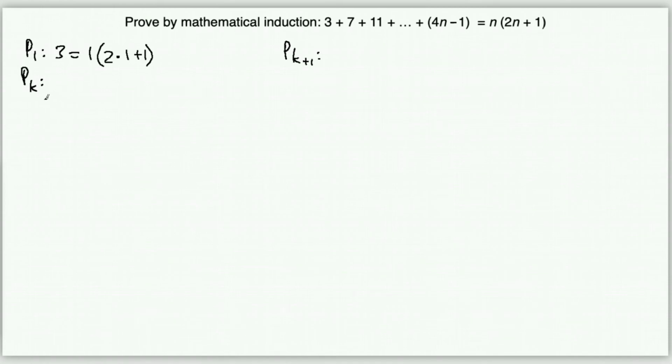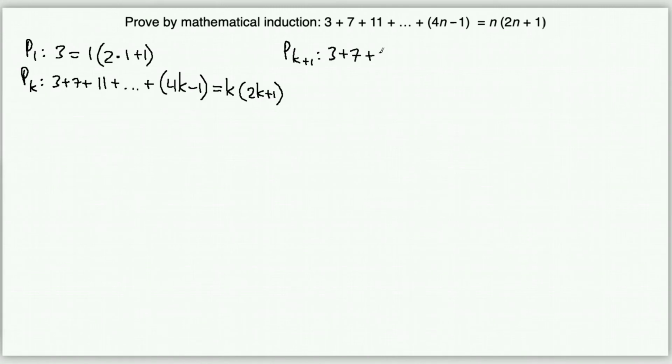The Pk statement is substituting n with k. So 3 plus 7 plus 11 plus 4k minus 1 is equal to k times 2k plus 1. The Pk plus 1 statement, on the other hand, will substitute this k with k plus 1.